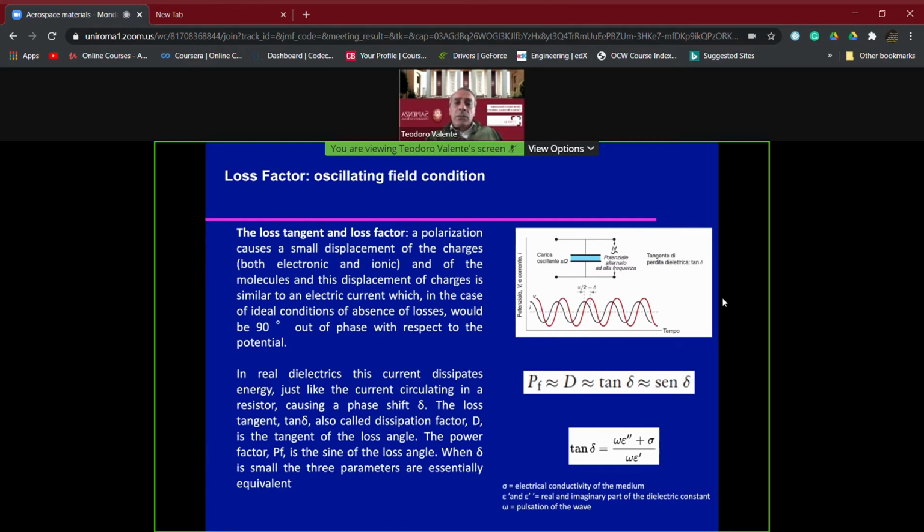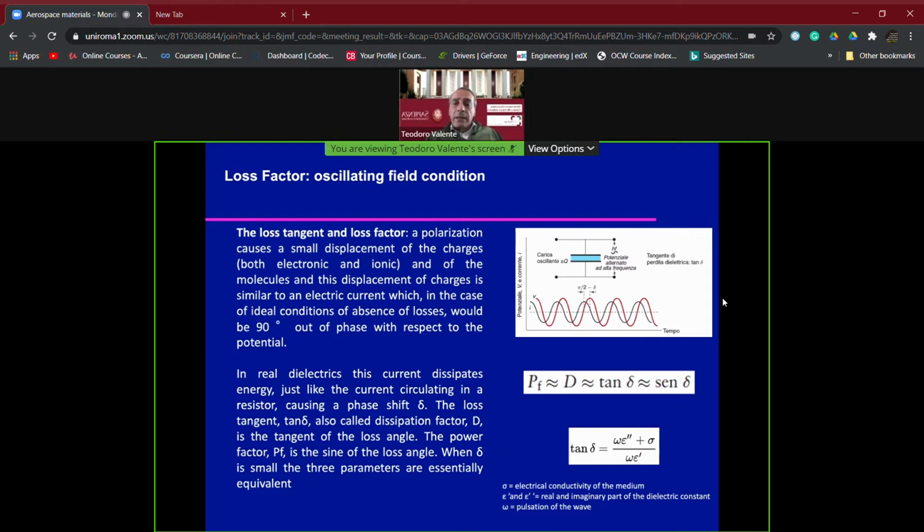In real dielectric materials, this current dissipates energy, just like a current circulating in a resistor. And this results in a phase shift between the applied voltage and the resulting current intensity.